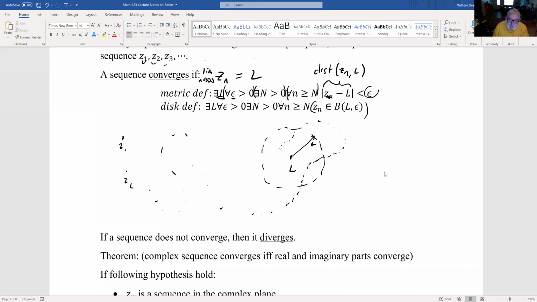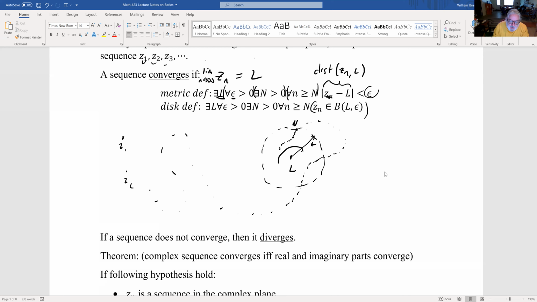There's some capital N, so that after I get past N, like say N is 3000, every other term of the sequence is within that epsilon.